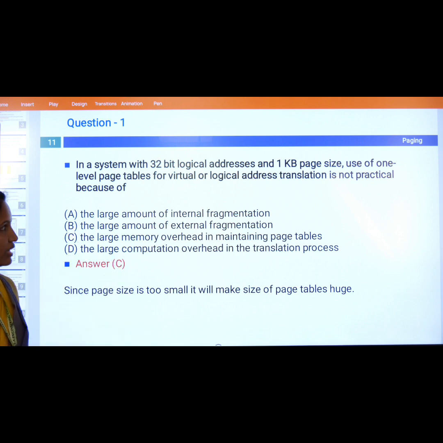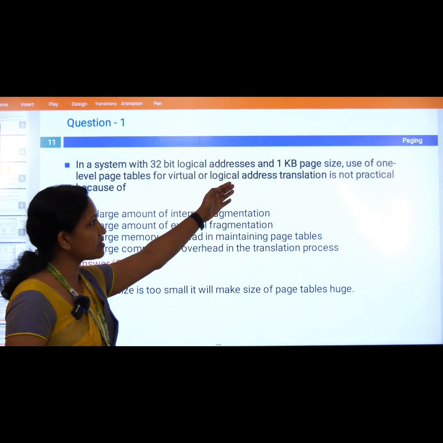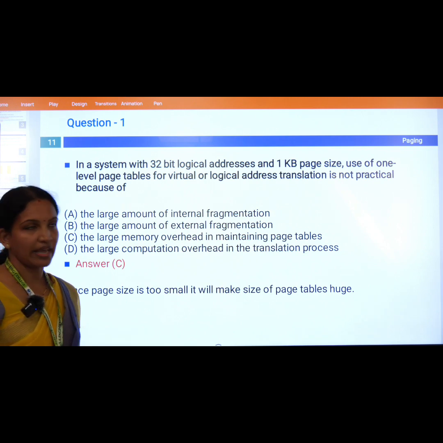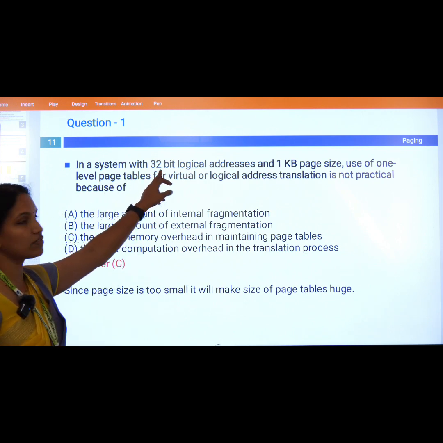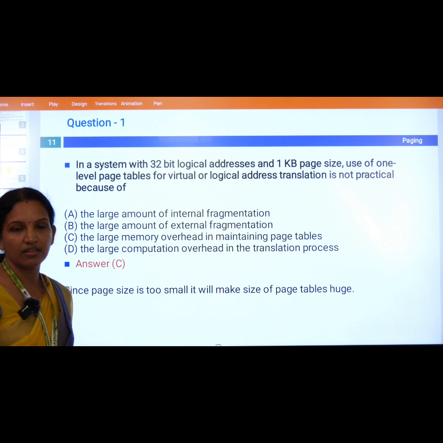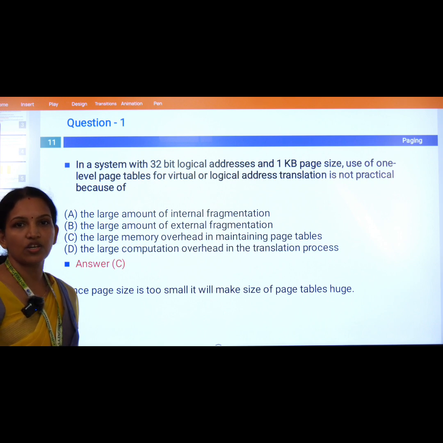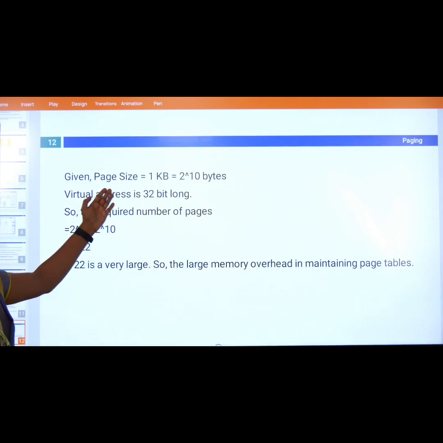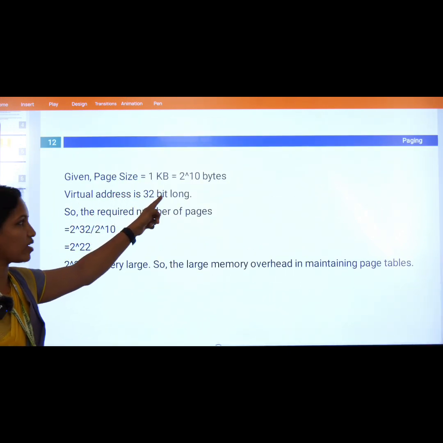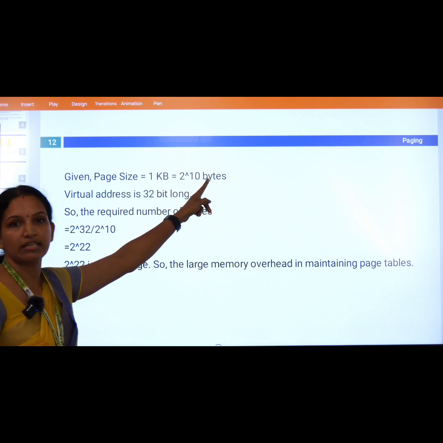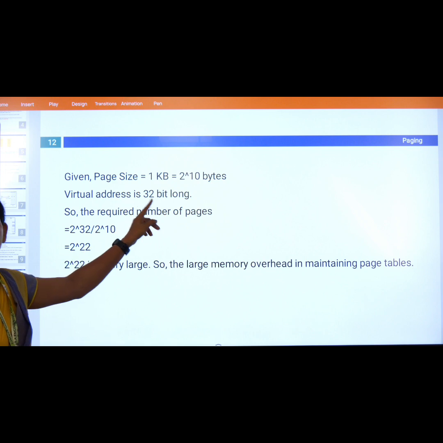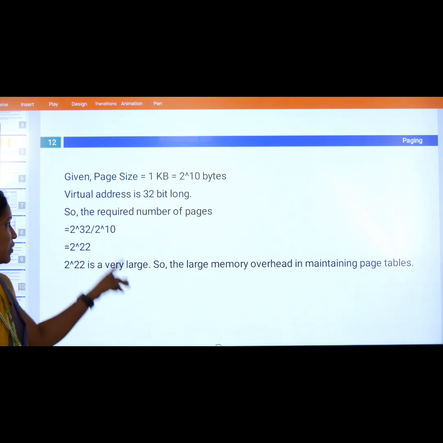Why? Because in the question the size of the page is given as 1 KB, which is very small, and the logical addresses are 32-bit, which means that the total logical address space is 2 to the power 32. The page size is 1 KB, which is 2 to the power 10, and the virtual address is 32 bits long, so the logical address space is 2 to the power 32.